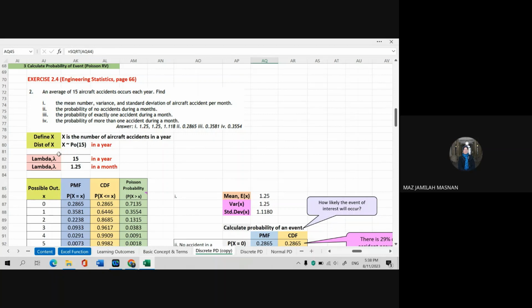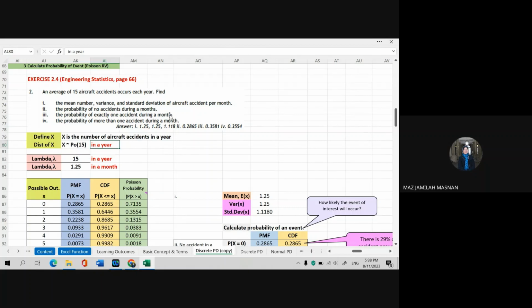Now, this X is distributed using Poisson. Why Poisson? Because the occurrence involves whether there is an accident or no accident, and it is given in a specified dimension, which is a year. So you can write down the distribution X following Poisson 15, in a year.